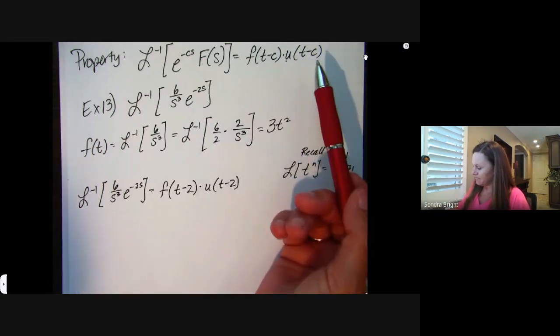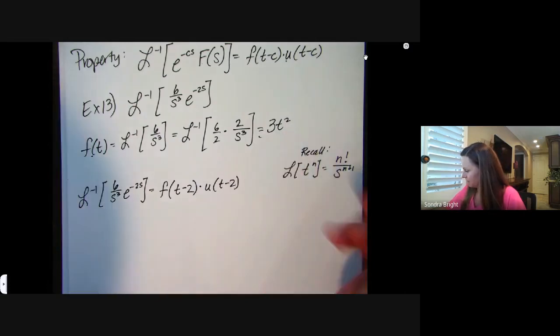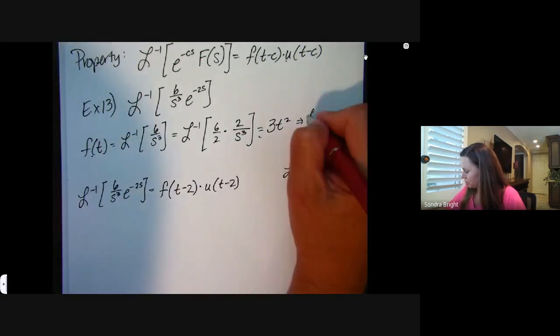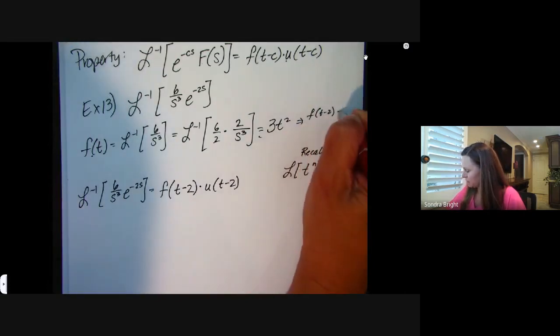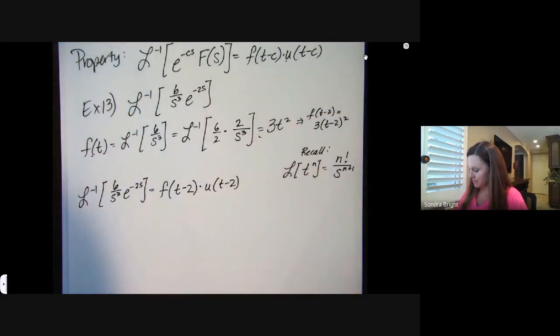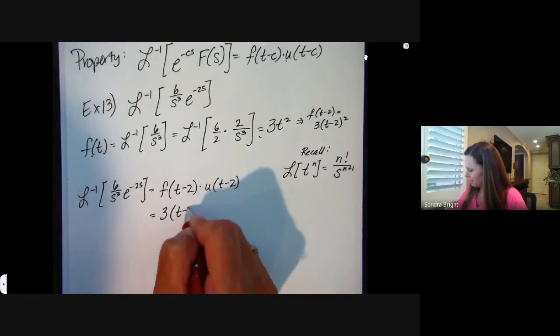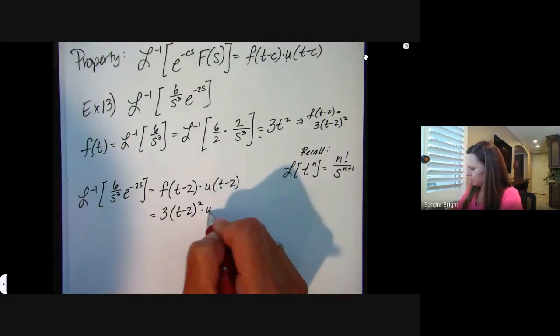So this is f of t, which means that f of t minus 2 will equal 3 times the quantity t minus 2 squared. So we've got 3 times (t minus 2) squared, and then times u of t minus 2.